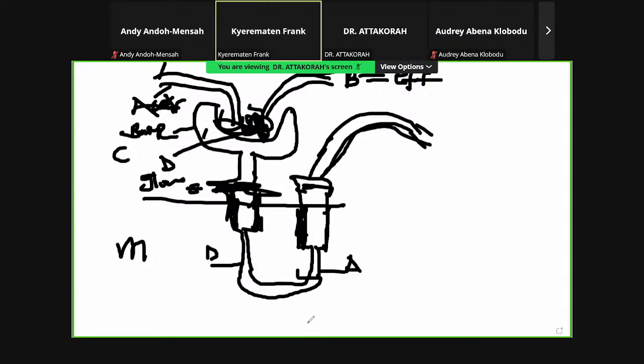Take the ascending limb of the loop of Henle. So Lasix will be acting at where? Is it descending or ascending? Ascending. Some might say descending.